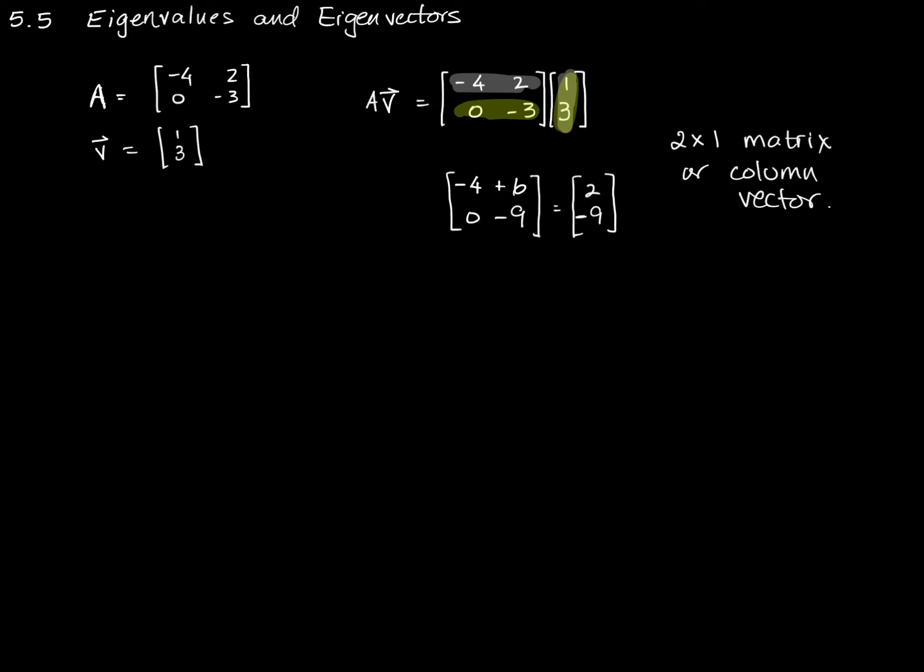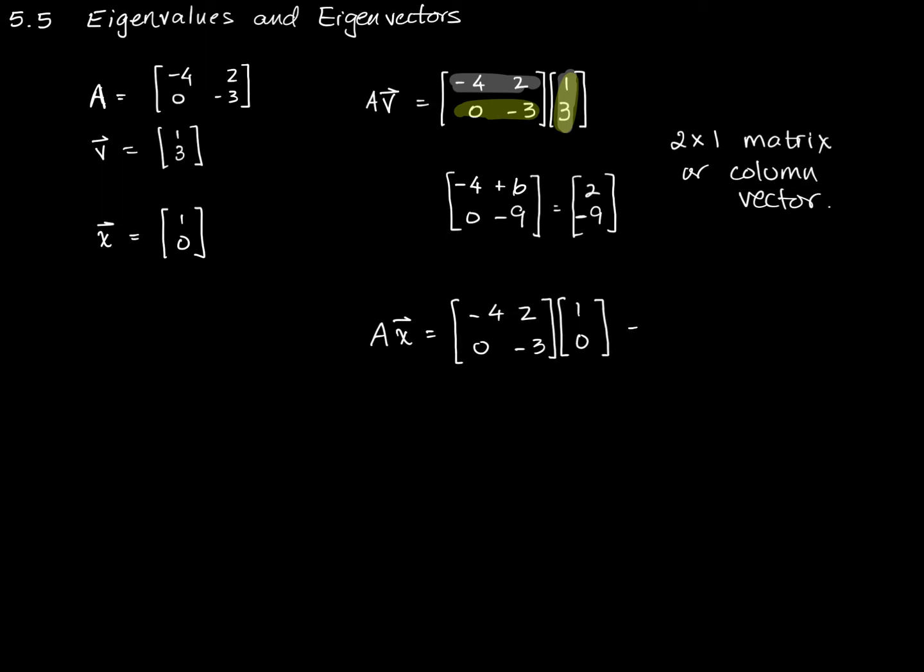Now, sometimes when we do this multiplication, if the vector is just the right vector, it produces a very interesting result. Let's take a look at A again, but this time, let's multiply it not by the vector v that we have here, but by the vector 1, 0. That's going to give me -4, 2, 0, -3 times 1, 0.